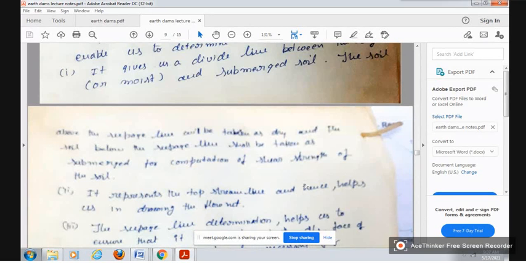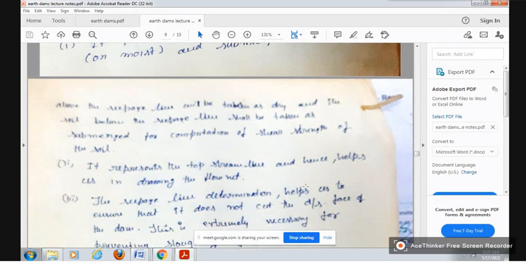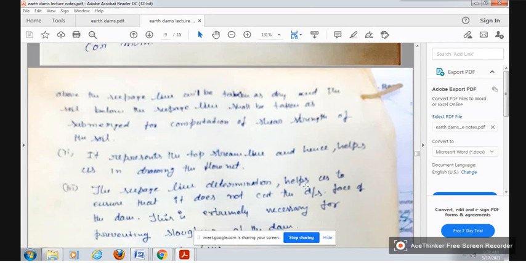The soil above the seepage line will be dry, and the soil below is submerged. It represents the top stream line, and it helps us in drawing the flow net.